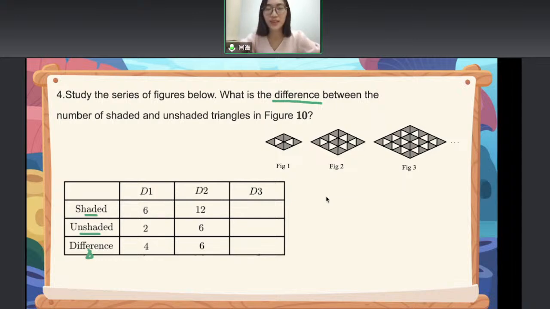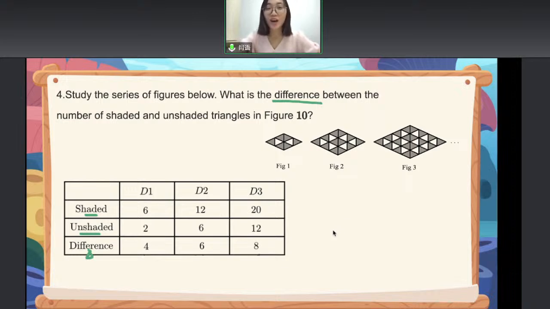Okay, it should be 6. And move on to figure 3. Here, how many shaded triangles are there? We have 20. And what about the unshaded triangles? There are 12. So in this way, what is the difference? 20 minus 12 equals 8.